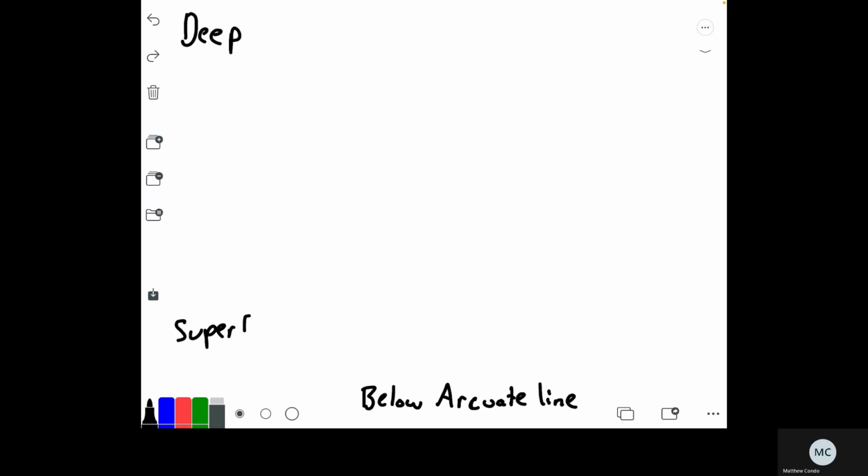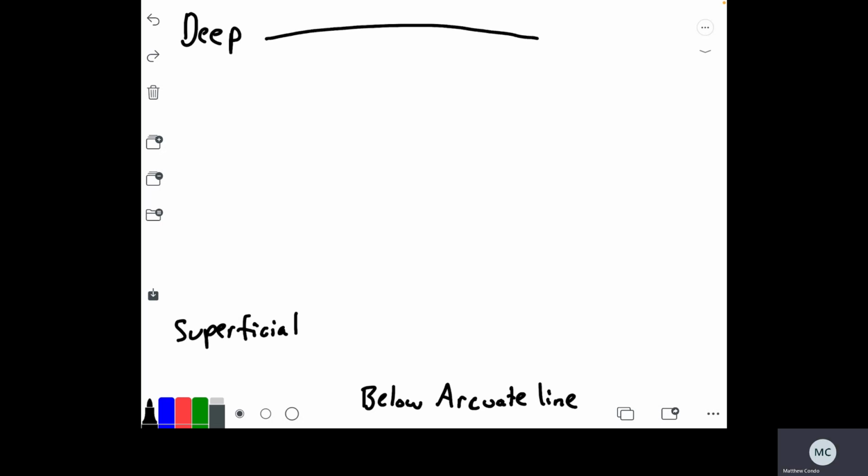When we move on to below the arcuate line, the second picture is going to be below the arcuate line. Again, we're going to put the deepest structures at the top of the screen and the most superficial structures at the bottom of the screen.